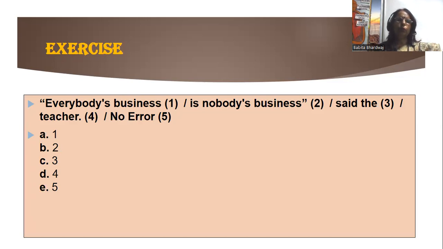If you recall the instructions which I just read before sharing these questions, there was one option that there may be no error in the sentence. So here there is no error in this sentence. The sentence is correct. So this possibility is also there that there might not be any error in the sentence.